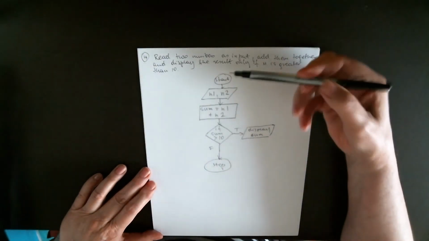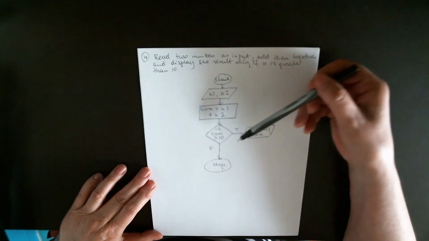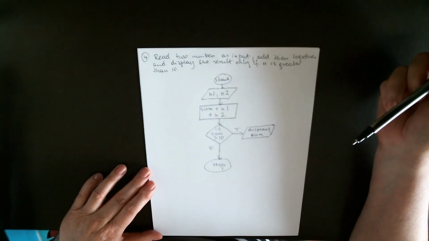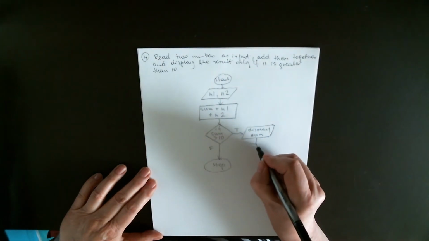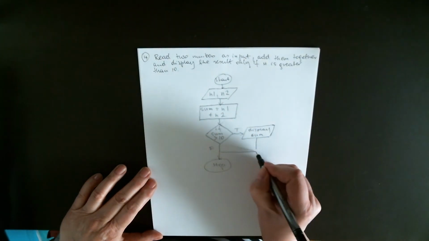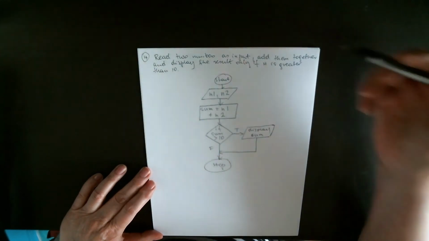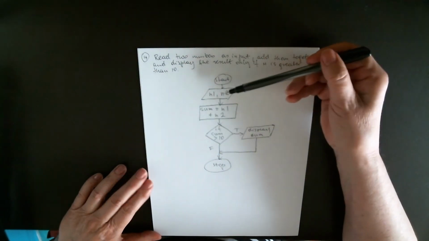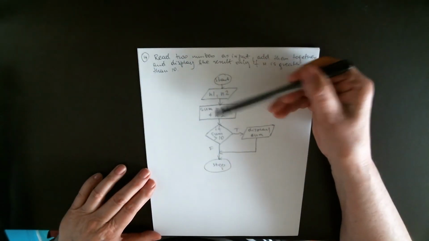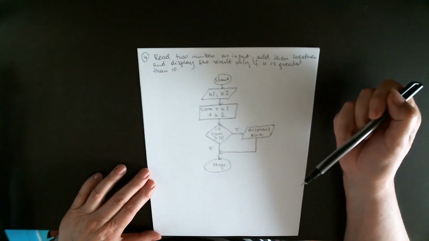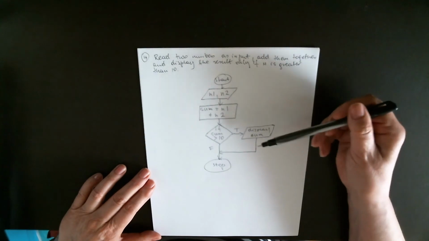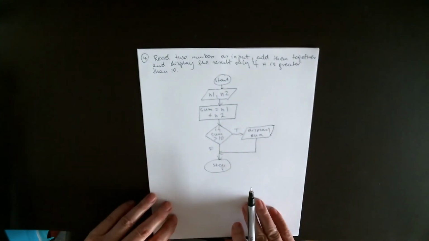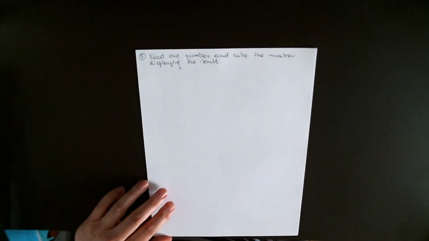Which means if the sum is less than 10, nothing is going to be shown. Now the only thing we need to do is finish this part. Ta-da! And we've done it. We started, we entered two numbers, we added them together, and then we evaluated. If the sum is greater than 10, we display the sum, otherwise we just stop. Bravo! Number 4 is done.